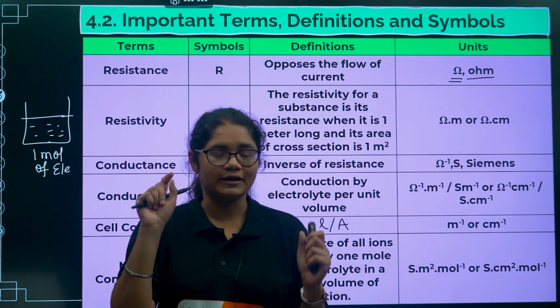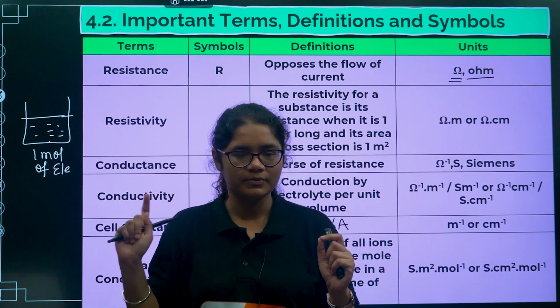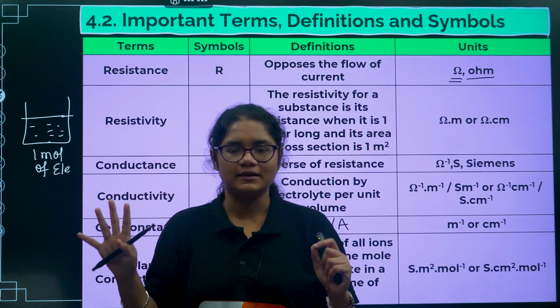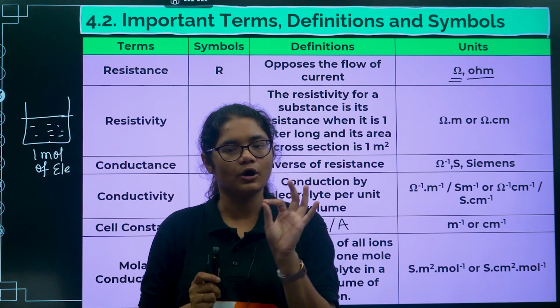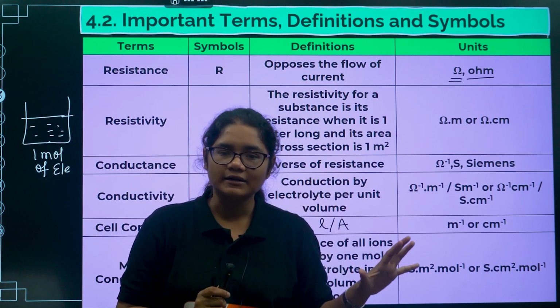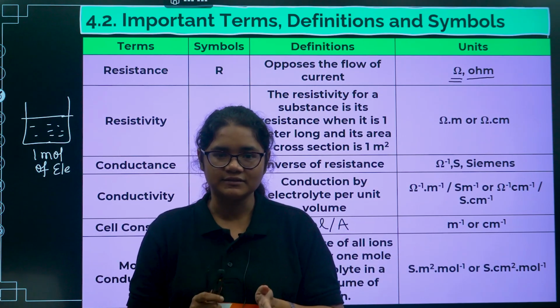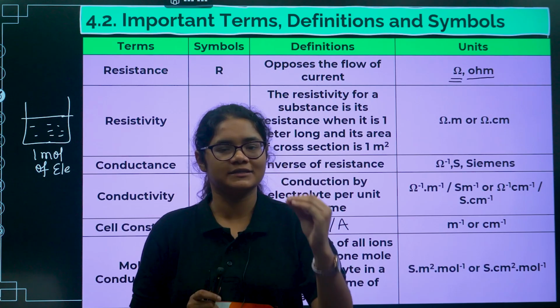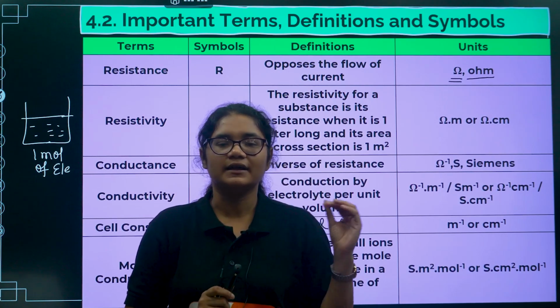Resistance, capital R, and unit is ohm. Second, resistivity, symbol is rho, and units are ohm meter or ohm centimeter. Next, conductance. Conductance is the inverse of resistance, denoted by letter G, and its unit is ohm inverse, or you can say S or Siemens. Next, conductivity.